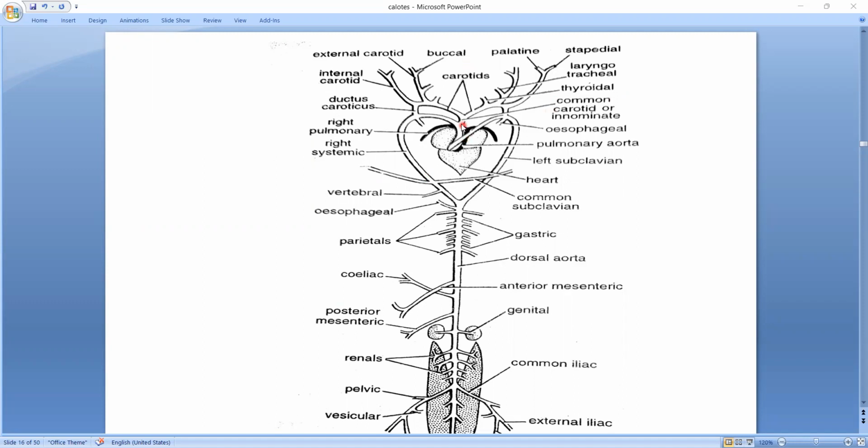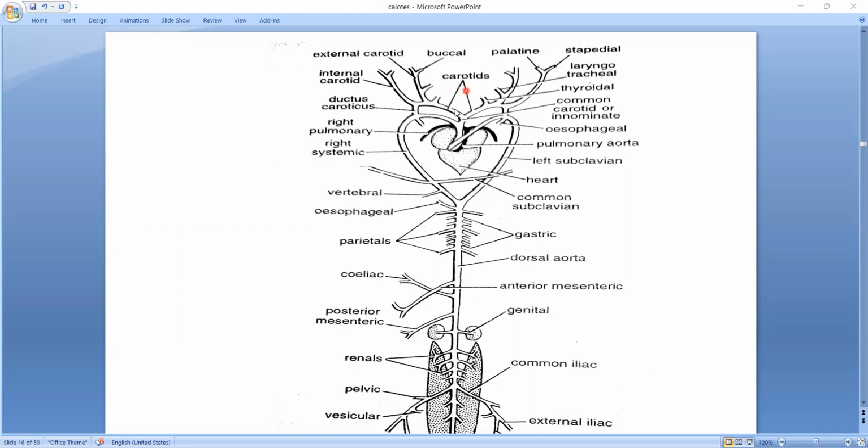Immediately this innominate gives two, left and right, carotid arteries. The innominate artery immediately bifurcates into left and right carotid arteries.